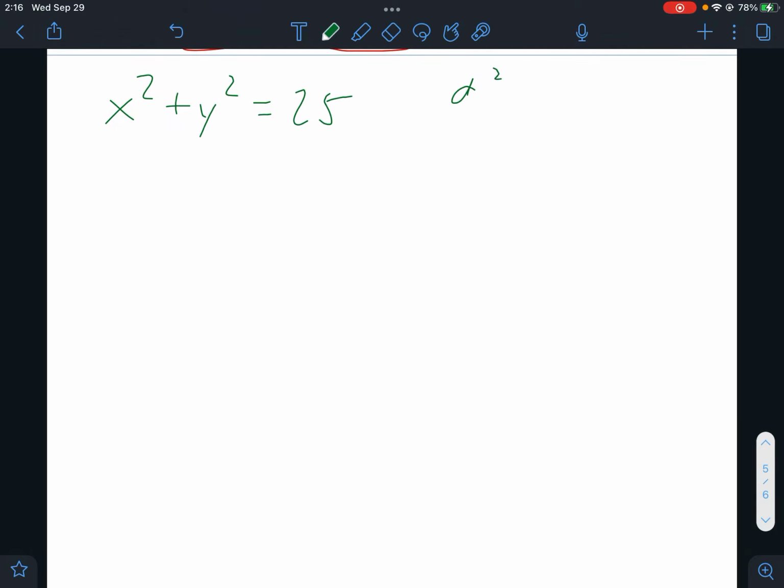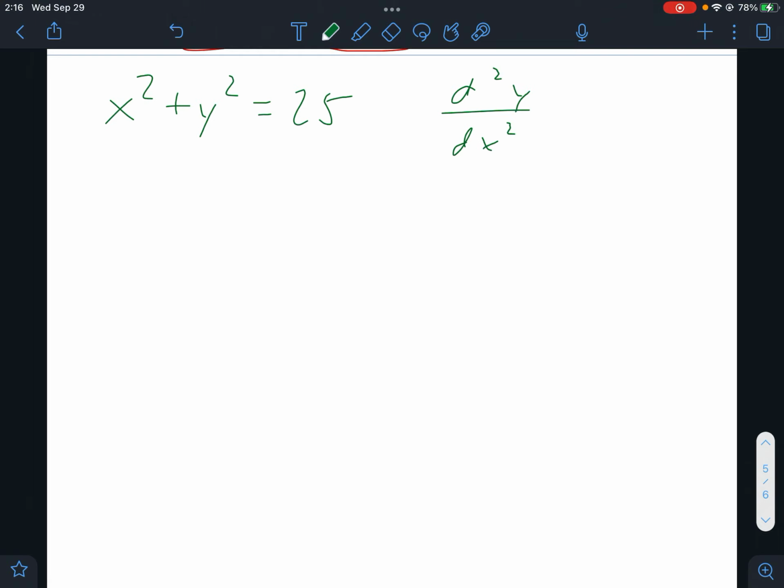And to wrap up today, we're going to do one more problem. This is called, as we've already done in the past, implicit differentiation. So here's an example of an equation that we probably want to do the derivative implicitly. And I'm going to say, let's find the second derivative of this.